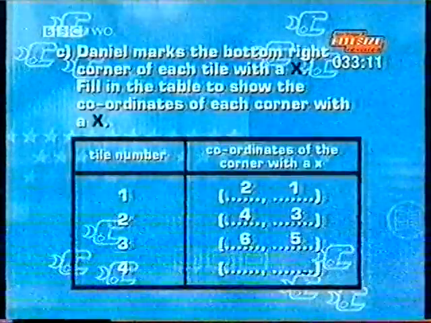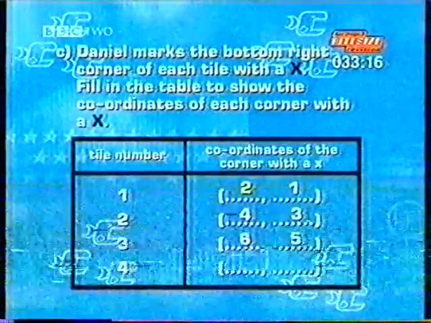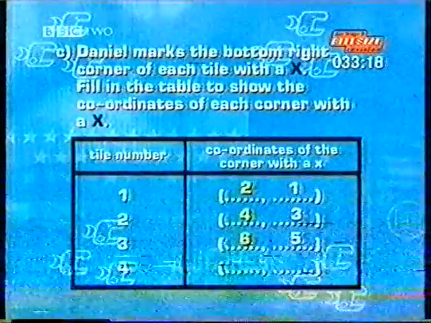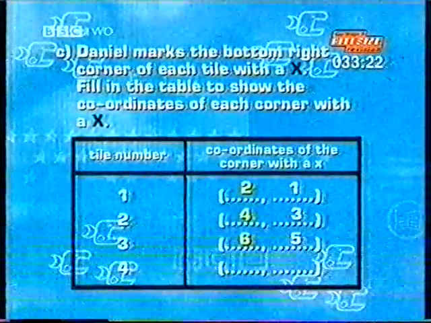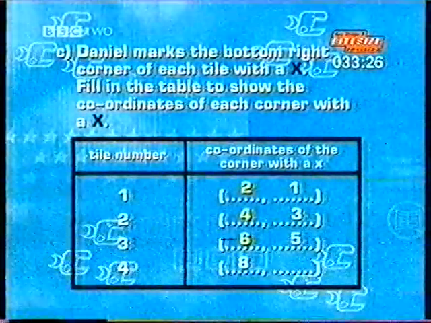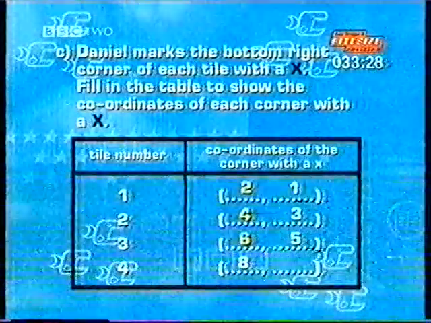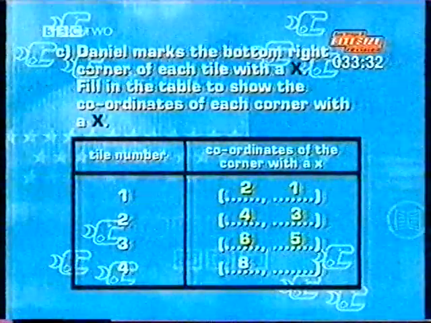And finally for tile 4, we can look at the pattern in the x-coordinates so far. That's 2, 4, 6. So we would expect tile 4 to continue adding 2 and have x-coordinate 8. And we can also look at the pattern in the y-coordinates so far. That's 1, 3, 5.